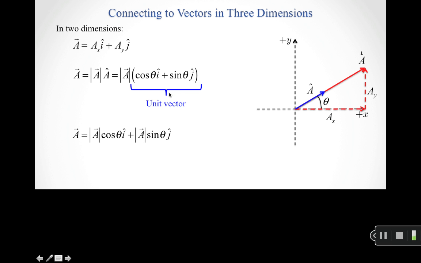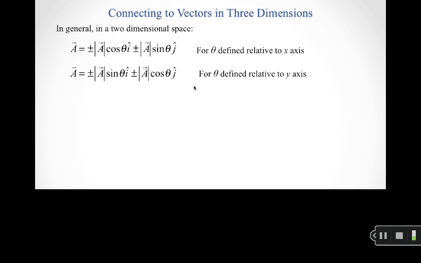But if I just factor that out, then I've got it in this form, where I've got magnitude times unit vector. So in general, in our 2-dimensional problems, I'm going to have a plus or a minus, because it's going to point in either the positive or negative x direction, times a magnitude, times a cosine of an angle if I've defined that angle relative to the x-axis. That's going to be the x component of my vector A.